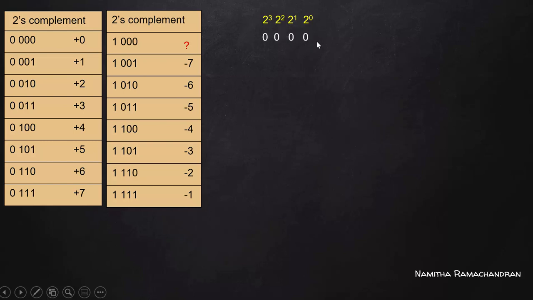So how to get the value of this particular binary number? 0 into 2 to the power 0 plus 0 into 2 to the power 1 plus 0 into 2 square plus 0 into 2 cube. Adding all these product terms, we get the value 0. But in case of 2's complemented representation, the positional weightage is different. 2's complement numbers, 1's complement numbers, and signed magnitude numbers are used for representing both positive and negative numbers.